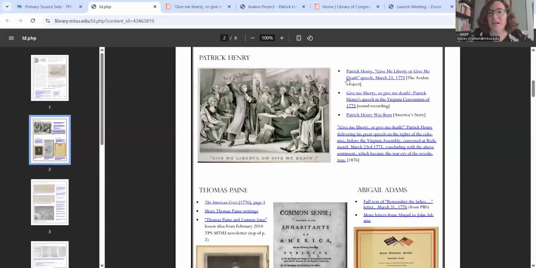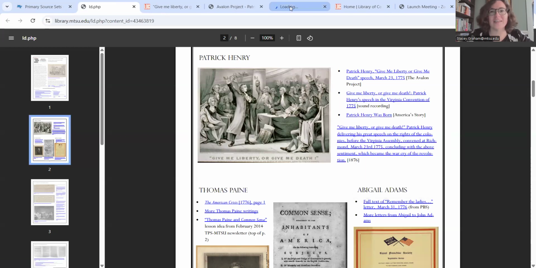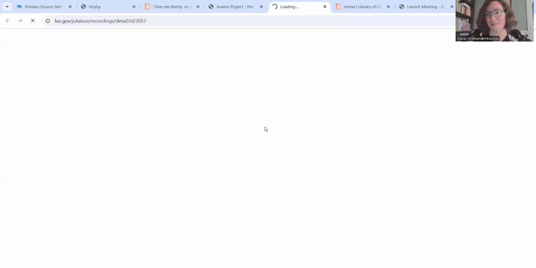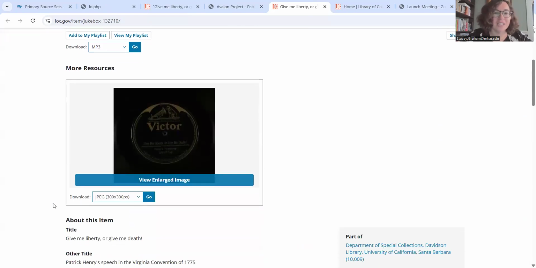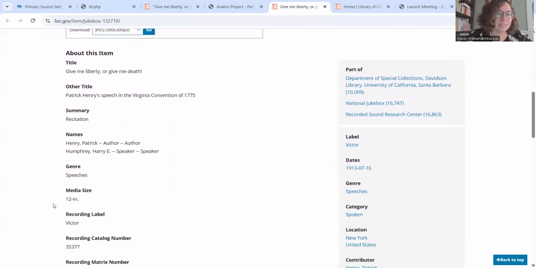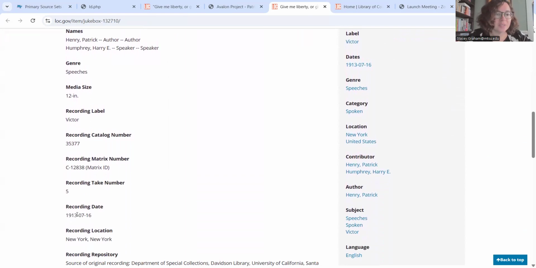And then we have, ooh, a sound recording. Now, I think that your students are savvy enough to know that there would not have been a sound recording in 1775. So, of course, when you scroll down to the date that this was created, you can see 1913 is the recording date.